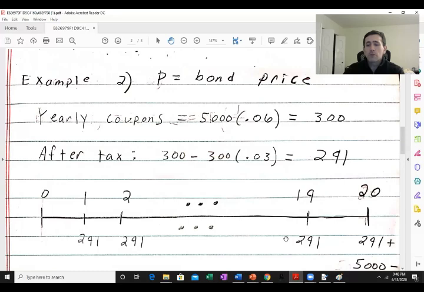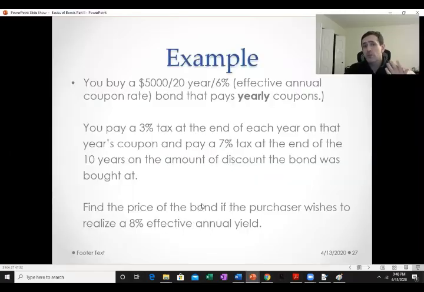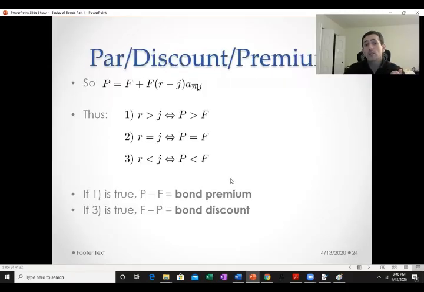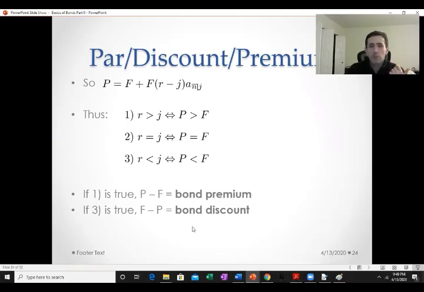But you still have to pay 7% on the discount. So you have to pay 7% on the amount of discount that the bond was bought at. We know what that is. The bond discount is F minus P. The tricky thing, though it's not that tricky, is that you don't know what P is.